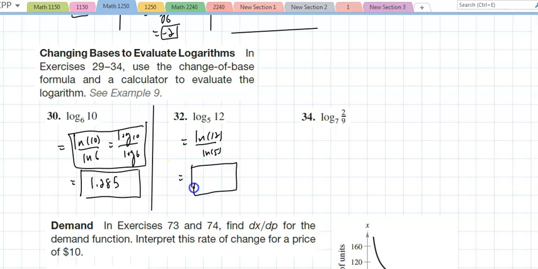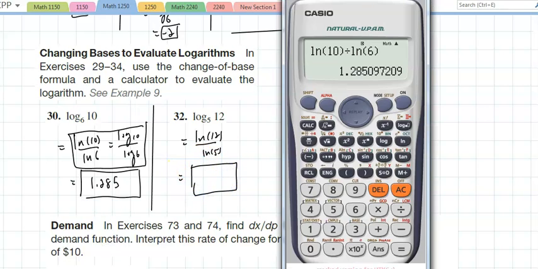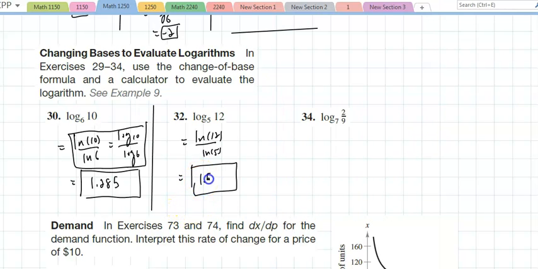And just for practice, if I use the log of 12 instead of natural log, this is a base 10 because the change of base formula does not specify. You could use any base you want. We're using the base that matches our need, 1.544.